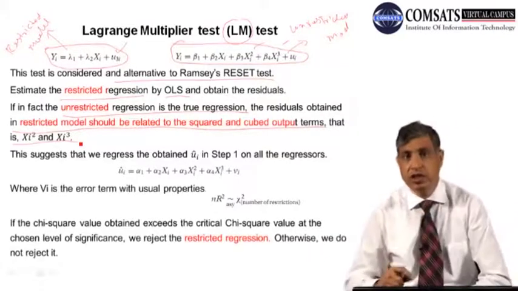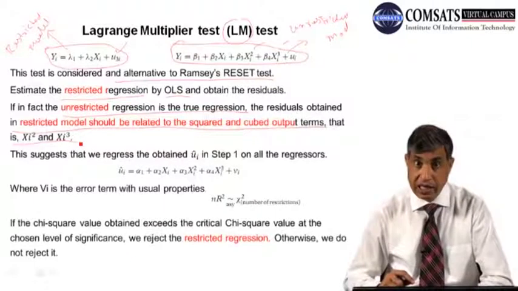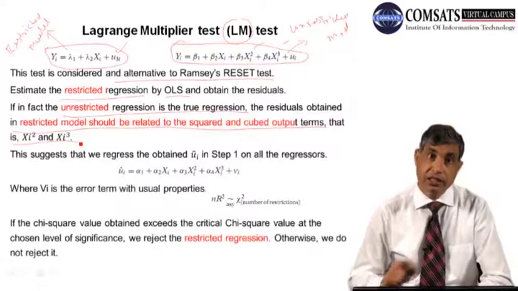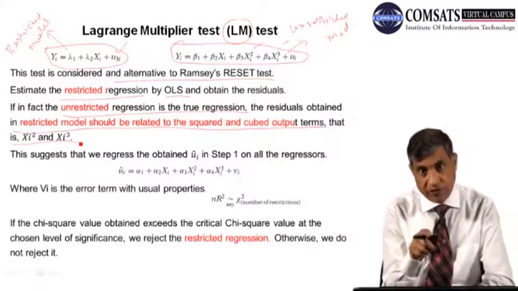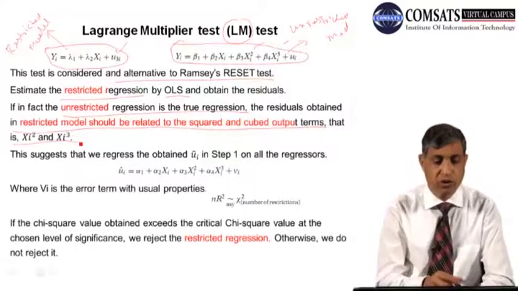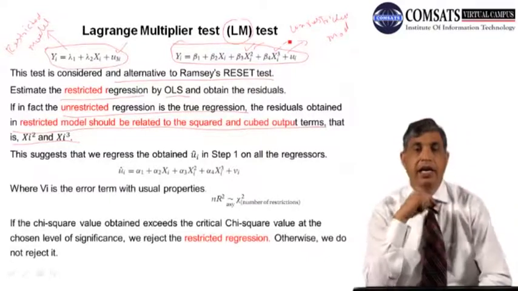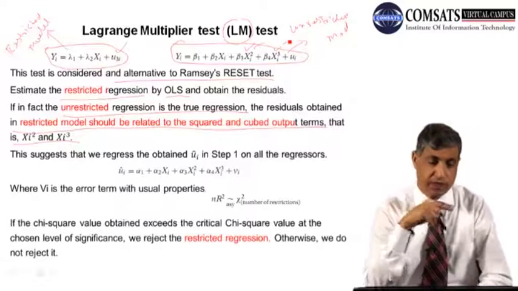The Lagrange multiplier test says that if the restricted model is true, then the residual obtained from it should be related to these two terms, xi square and xi cube, because if it is true, it should be related to that.